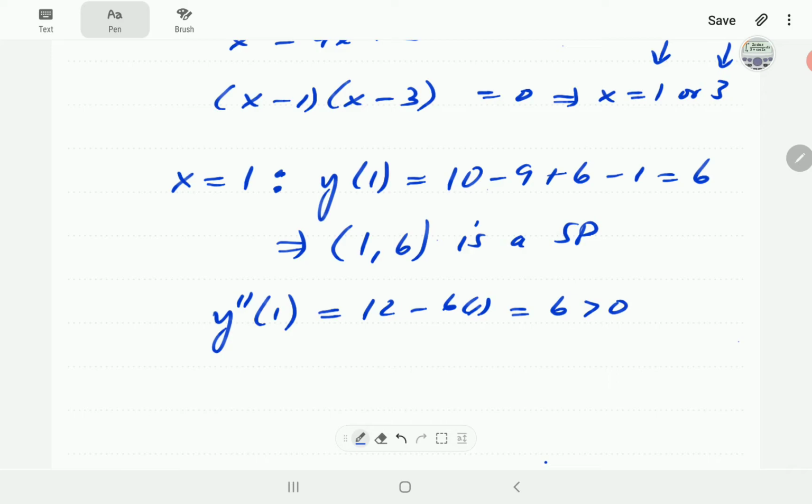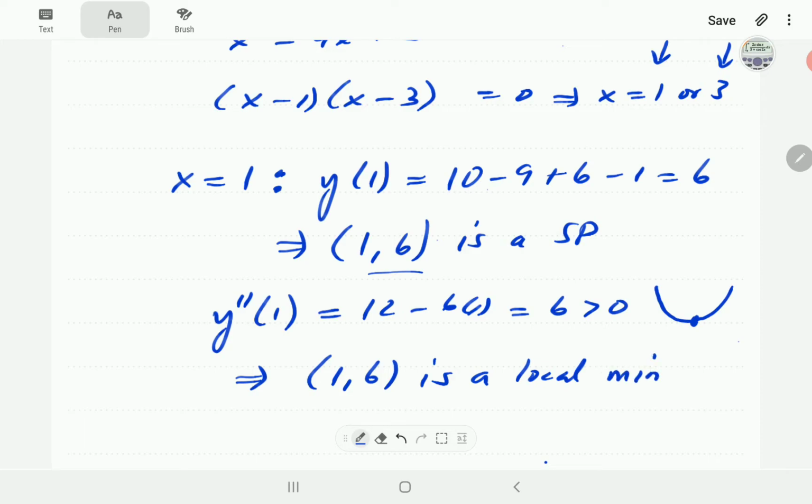This is positive. So this is telling us that the graph at (1, 6) is concave up. This is telling us that (1, 6) is a local minimum.